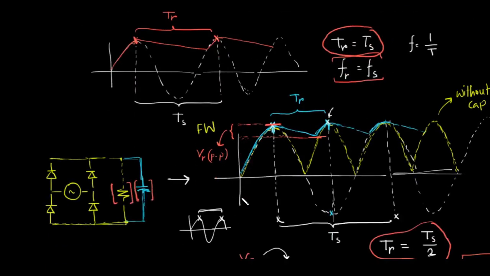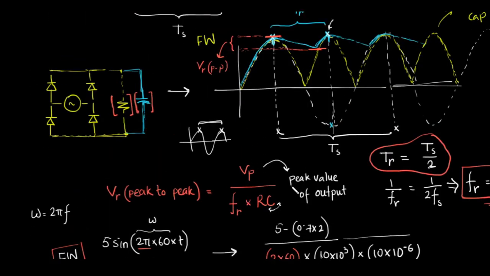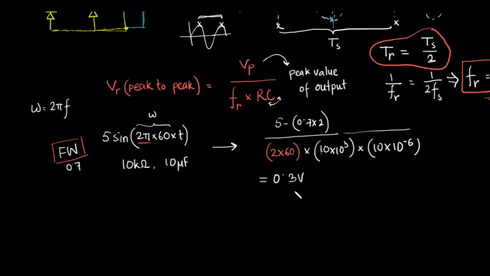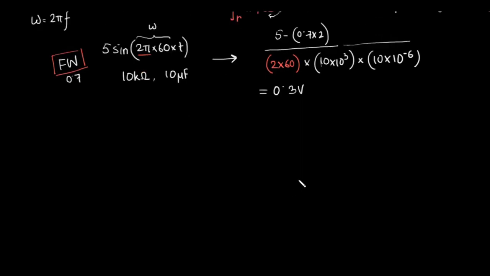So if I want to find the average value of the output, what we found is how much ripple we have in this output voltage. If I took the average value, or DC value, what would be the DC value of this voltage? How would we find that?